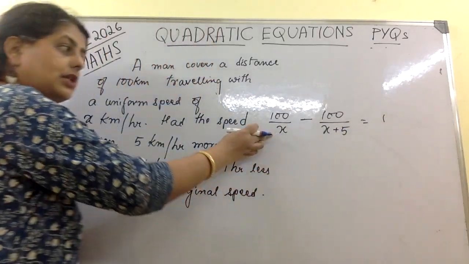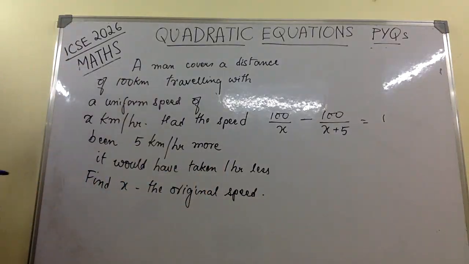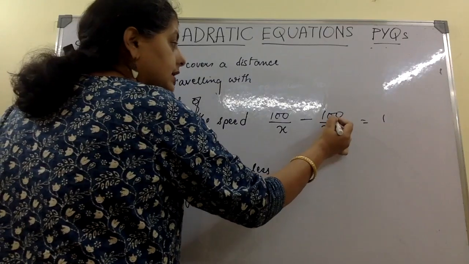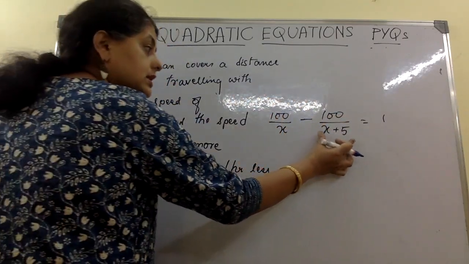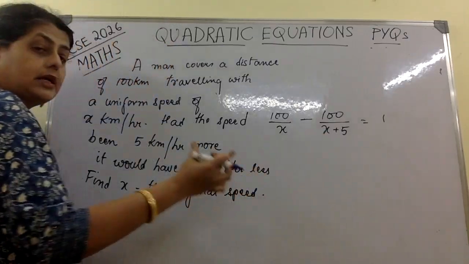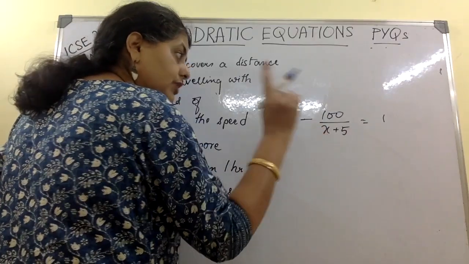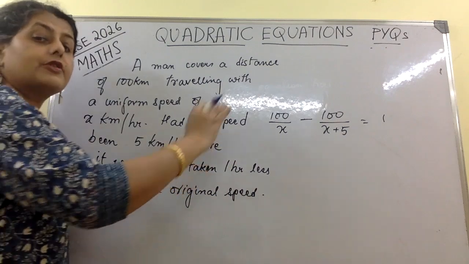Because he was initially going at this speed, he was taking more time. So this is the bigger time, and now he is going at a bigger speed, he is taking lesser time. So this is the smaller time. The bigger one will always come in front, and the difference between them is 1 hour, because this is taking 1 hour less. So it is going to be written after the minus sign.